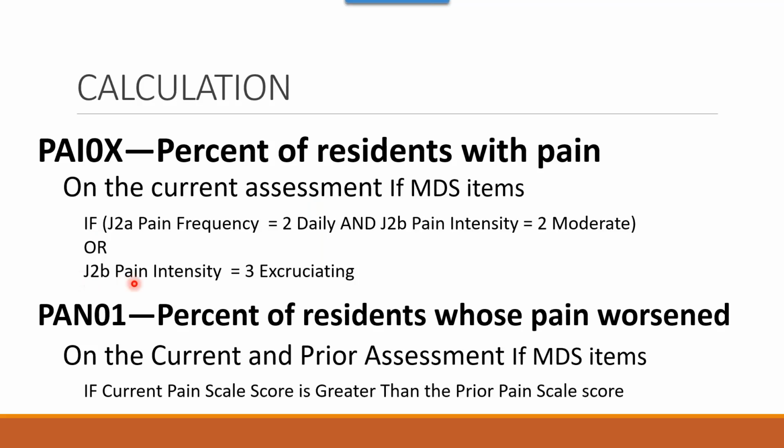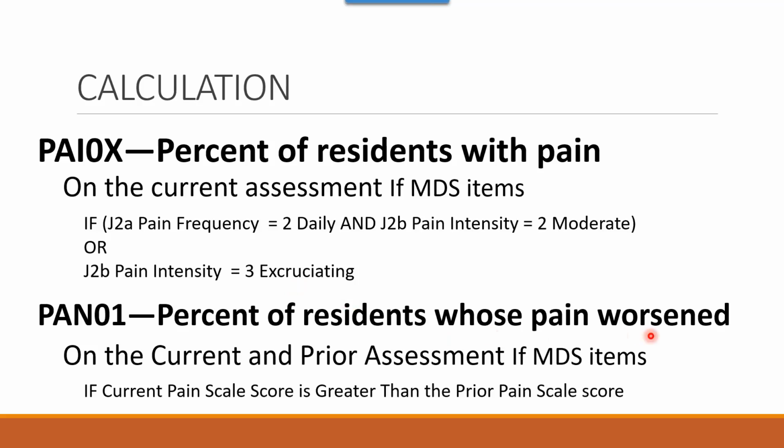Or if the pain intensity is excruciating, then we will also trigger that regardless of the frequency. So whether it's less than daily or daily doesn't matter. If it's excruciating pain, you're going to trigger the indicator.